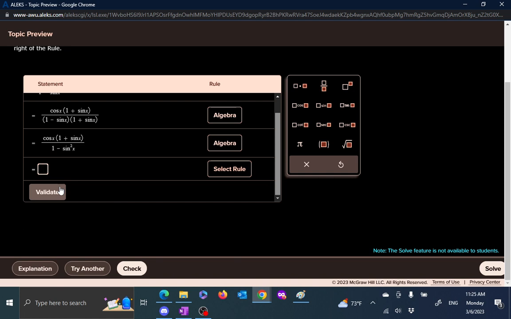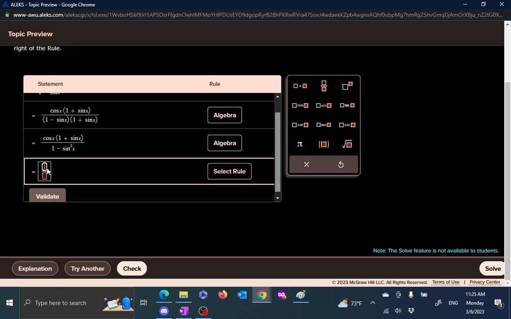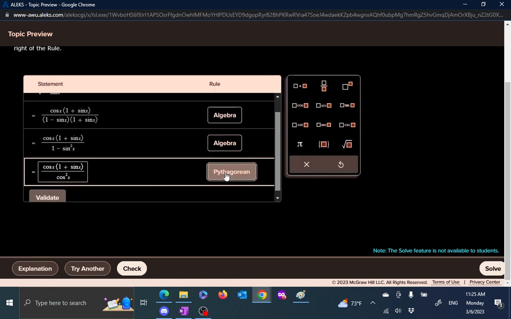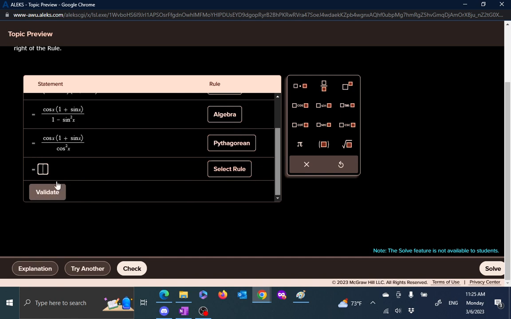Then if I have a fraction, in the numerator I still have cosine of x times 1 plus sine of x. Denominator, now I have cosine square of x. So what did I do? I applied the Pythagorean identity. Are we fine? Let's hope so. Now I cancel one cosine.